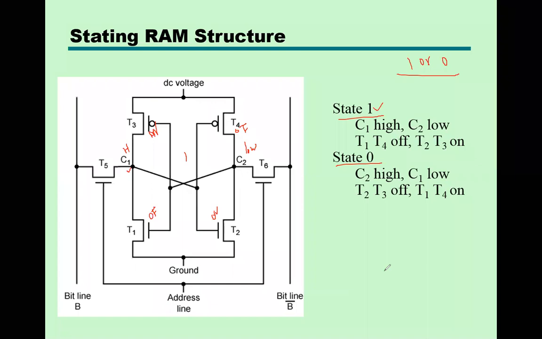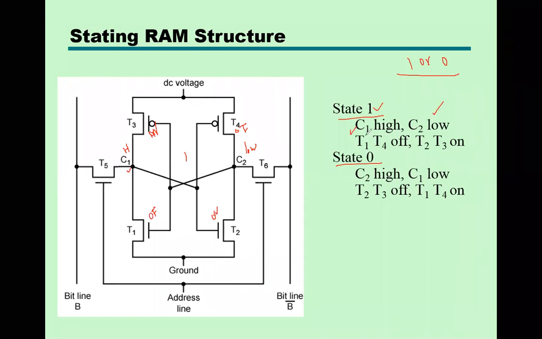So see here why refreshment is not required: because we are simply using on-off switches. As I told you, the main purpose of a transistor is that it can be used either as a switch or as an amplifier. Here we are using it as a switch. To read whether this cell is holding 1 or 0, you have to check whether C1 is high or low.